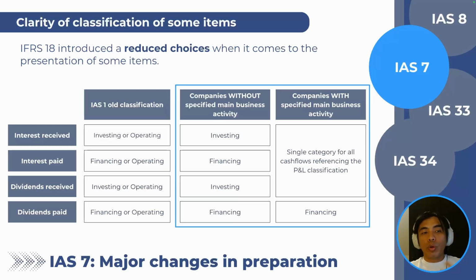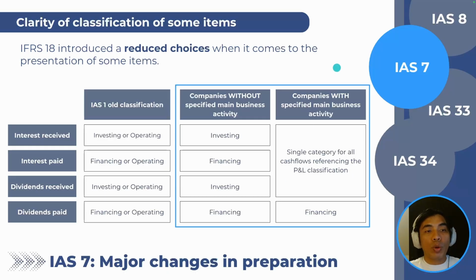If you're a company without specified main business activity, you no longer have the option. Interest received should always be investing. Interest paid should always be financing. Dividends received should always be investing. And dividends paid should always be financing. So no options anymore. If you're a company with a specified main business activity, dividends paid is still financing. Dividends paid is always financing under IFRS 18.